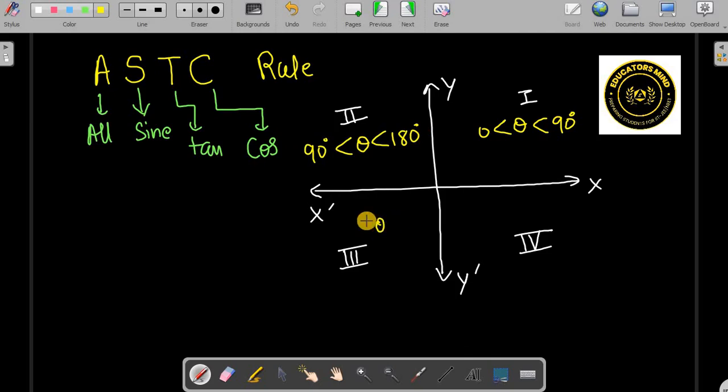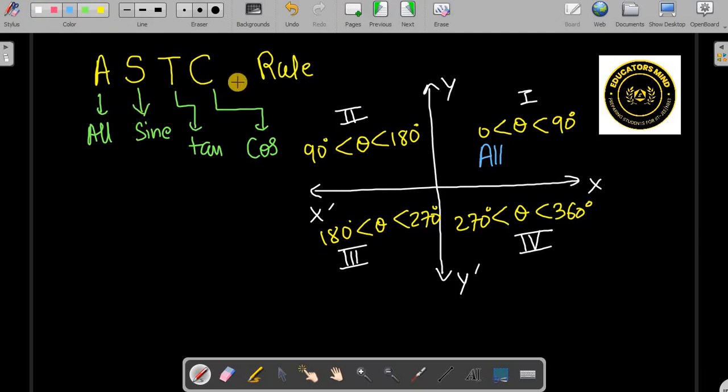Third quadrant, theta is between 180 and 270. And fourth quadrant, theta is between 270 and 360 degrees. So all sine tan cos means in the first quadrant all the trigonometric ratios will be positive.